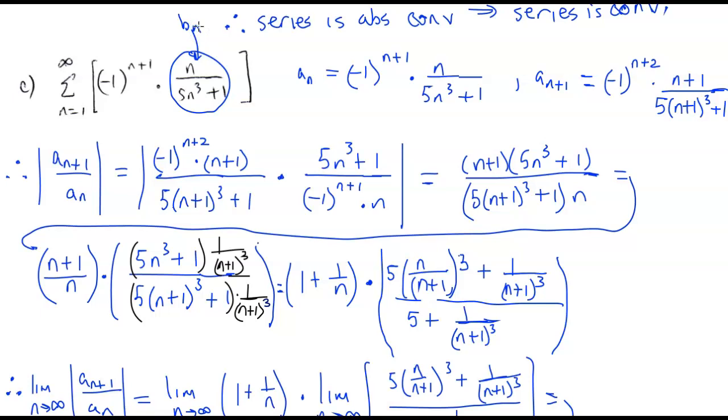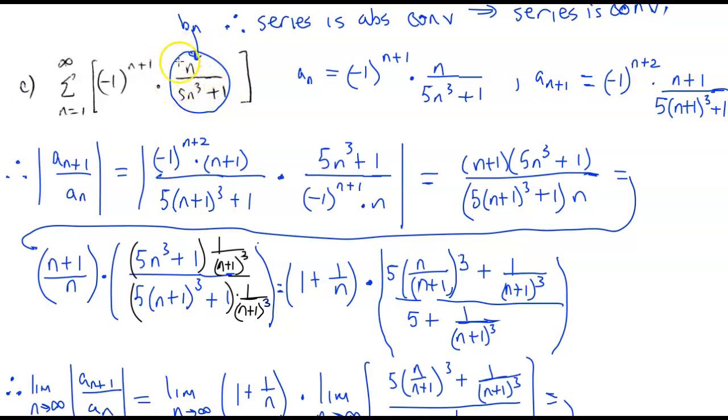Okay. And it will. There are a couple of ways I can prove that to you, but the easiest way I can tell you here is that if we look at the function 5n cubed plus 1, and then look at the function y equals n, 5n cubed plus 1 is always going to grow faster than n. So the limit of this is going to go to 0.